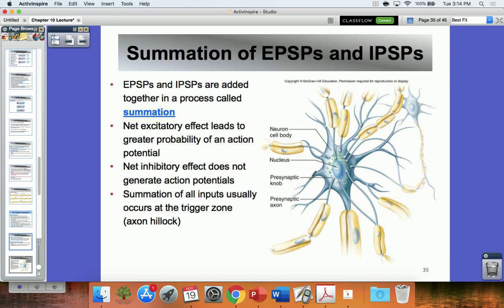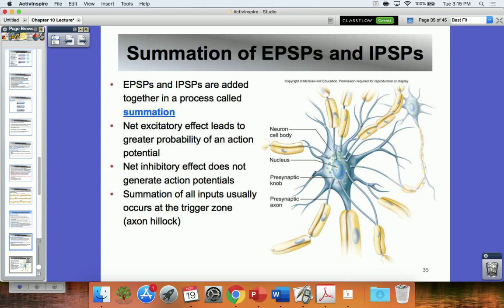Okay? Now we know that neurons don't work independently of each other. A lot of times we have a lot of neurons that are acting on one. Multiple neurons are always acting on several neurons at a time. And so, depending on if it's an excitatory or inhibitory synapse, this is going to determine what that postsynaptic neuron is going to do.